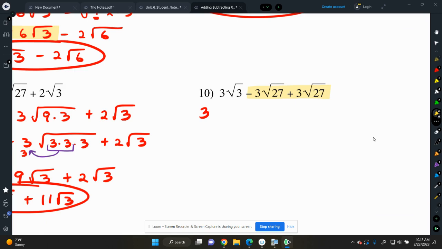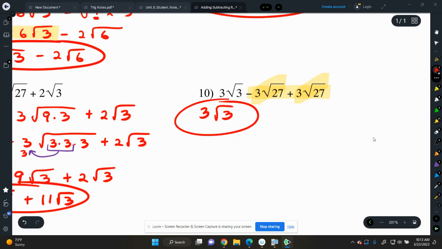I have minus 3 and I have plus 3. If these were not going to cancel out, I'd go ahead and simplify it and then work with it. But they're going to completely drop out of the entire thing. So I'm just left with 3 root 3. It's not wrong if you simplified it, because after you simplify it, they're still going to cancel out. It's just a lot more work. Okay? All right, any questions for me?